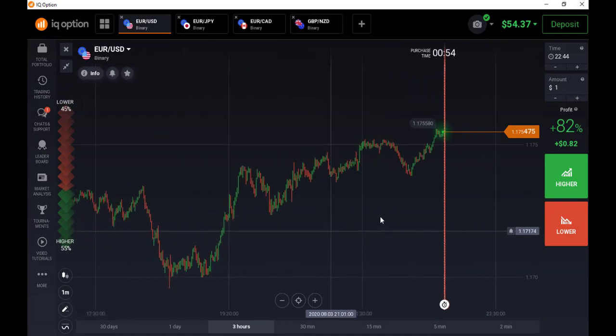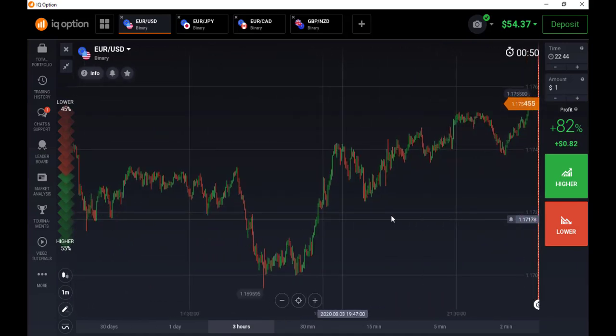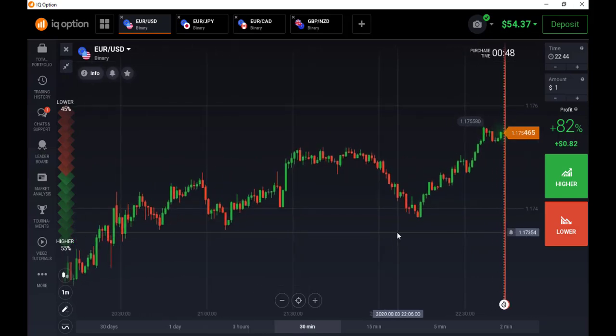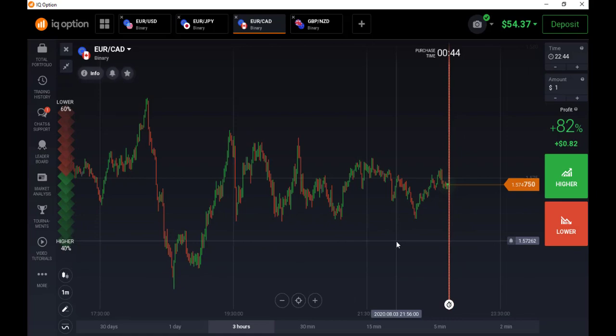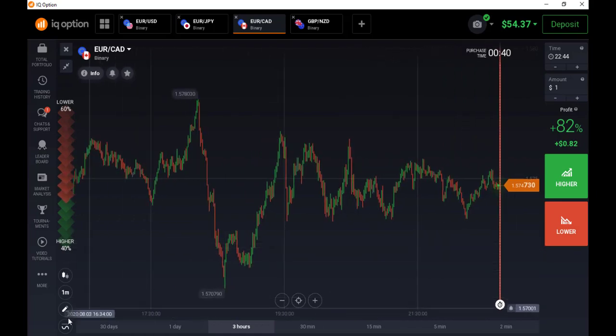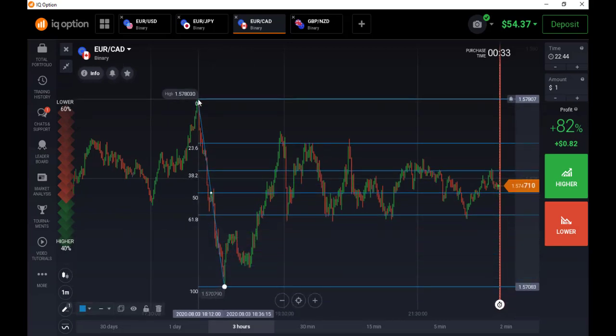This pair, I think this is also quite a good pair, but I don't see any good moment for trading, so we'll move to Euro Canadian dollars. Yeah, this is quite good. And let me draw support and resistance, Fibonacci lines.